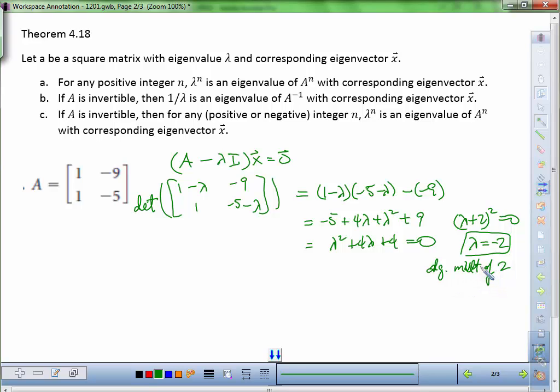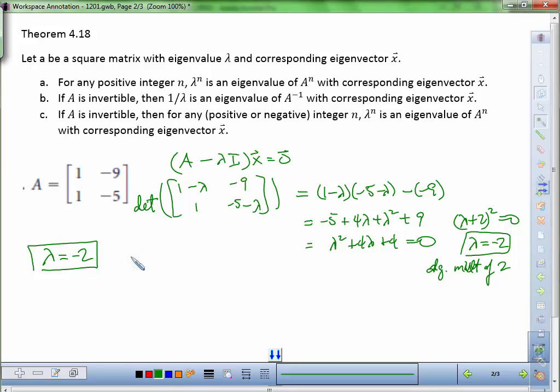So if we have this as our lambda, we want to find our eigenvector associated with this eigenvalue. So we got lambda is equal to negative 2. Let's put negative 2 into this equation up here on top to find our eigenvector.